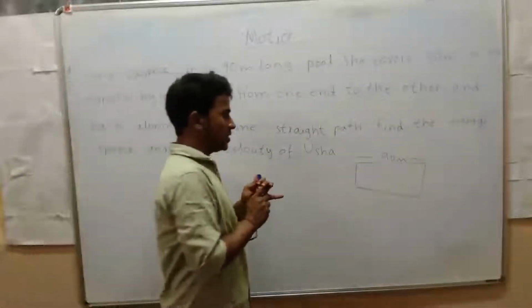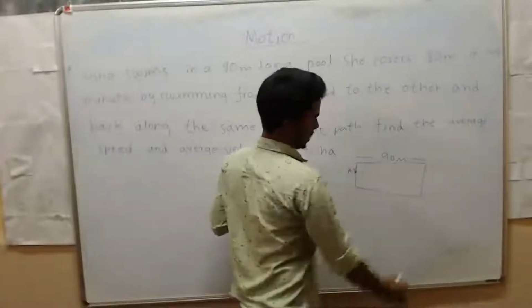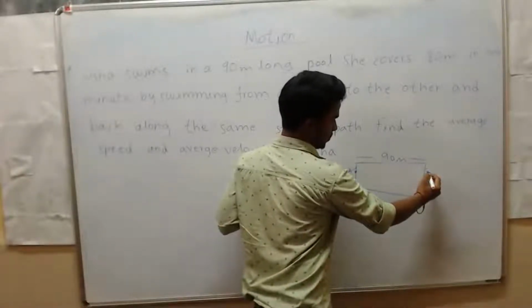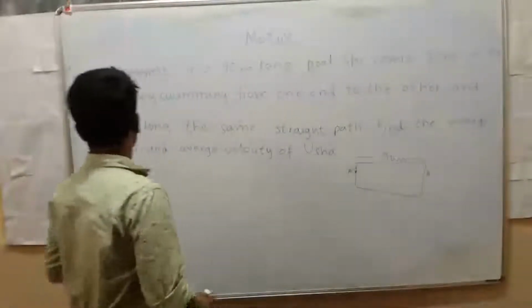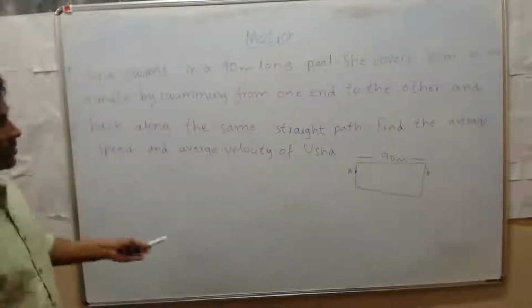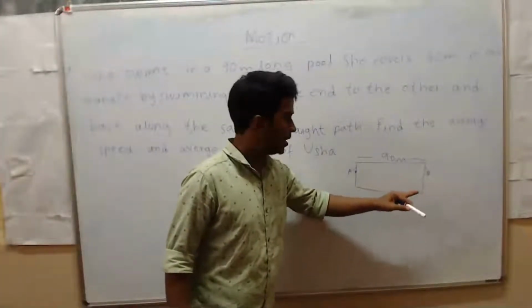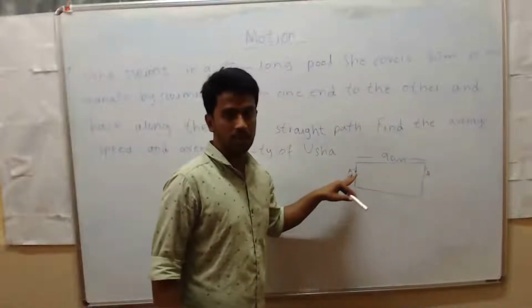Just imagine this is Usha's starting point A, and this is the other end B. First she will travel A to B, then she will swim back along the same straight path.